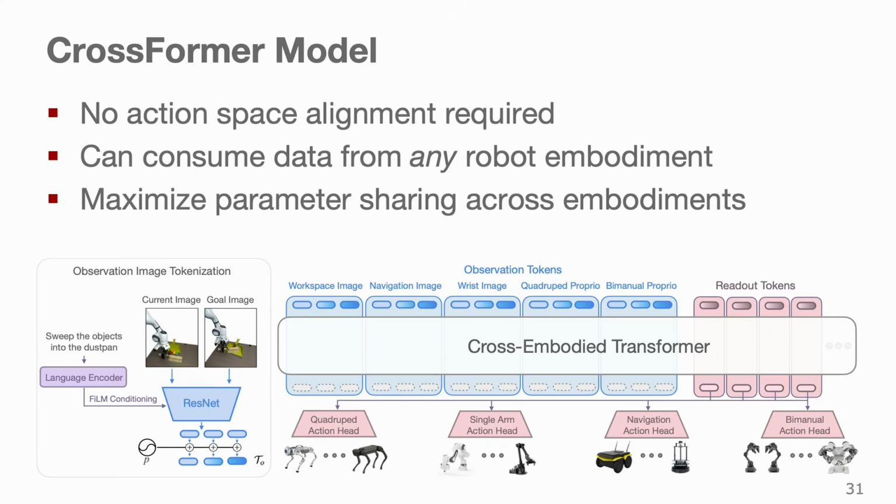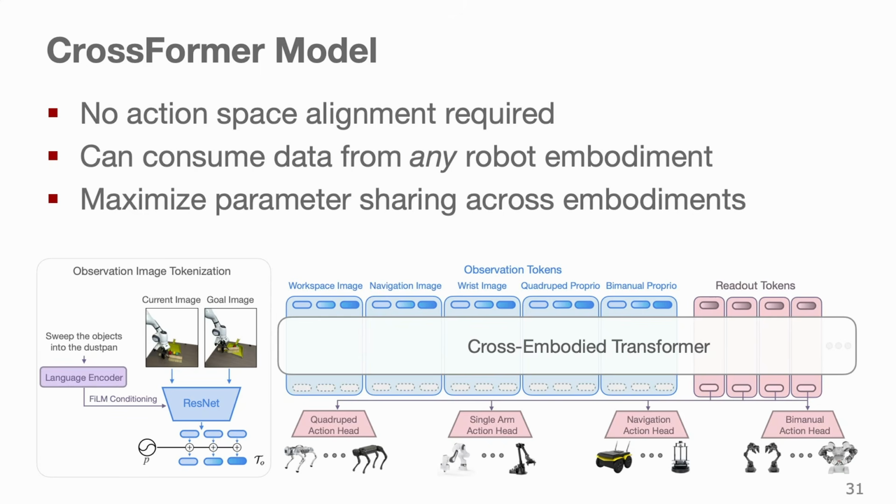So it could be from a WidowX that's doing 5 hertz control to a bimanual dexterous manipulation robot that is doing 50 hertz control, right? And so this means the action chunk length that your model should predict is vastly different. So having these different heads is one way you can go about this. This way also you don't have to do any action space alignment.